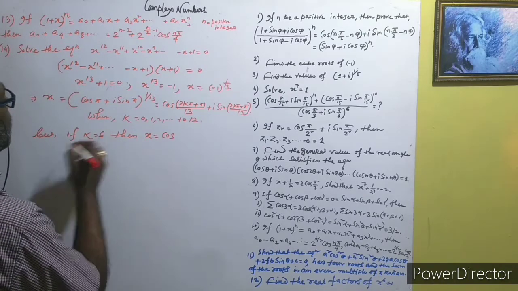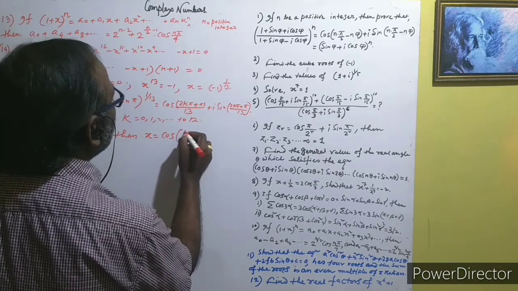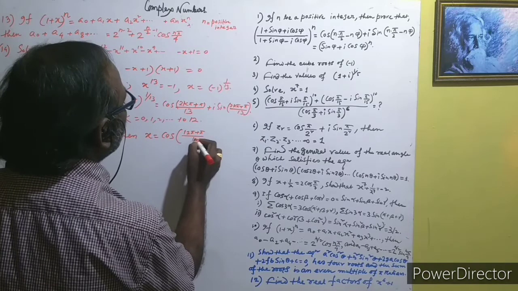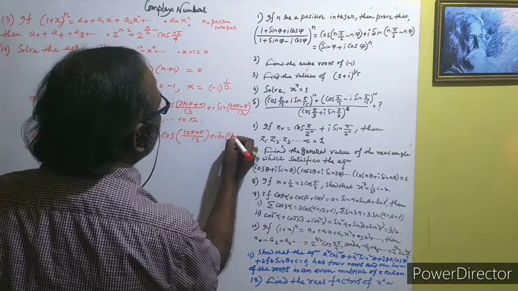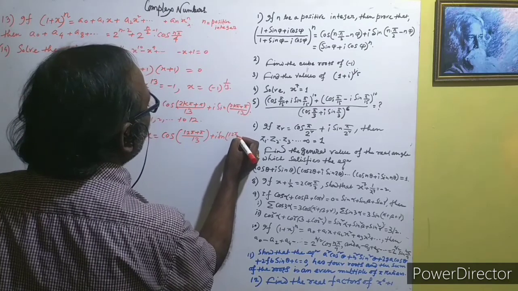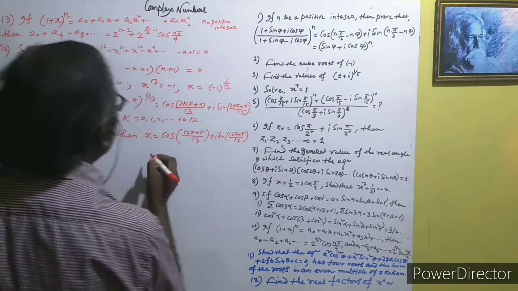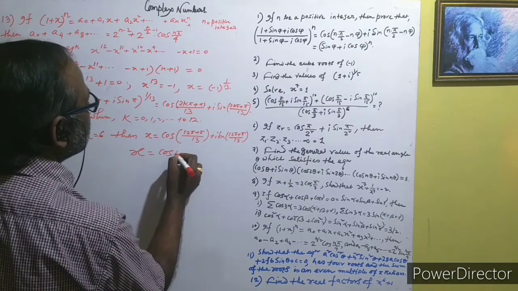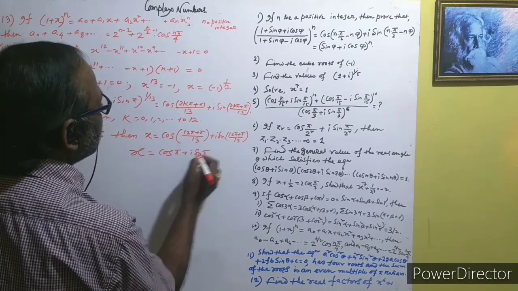If k is equal to 6, then cos of 12 pi plus pi by 13 plus i into sin of 12 pi plus pi by 13 is equal to cos pi plus i sin pi.